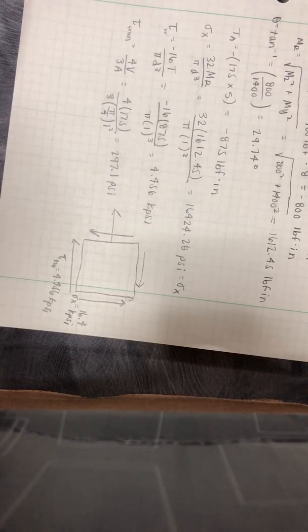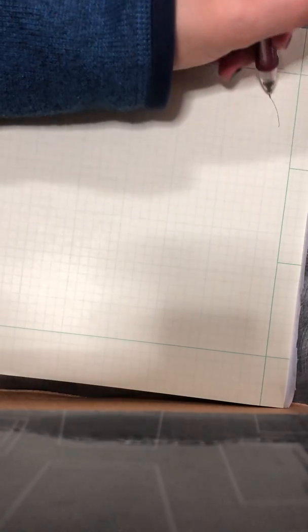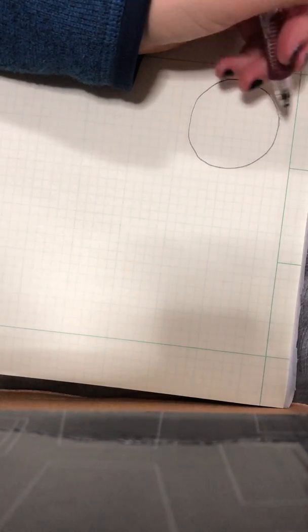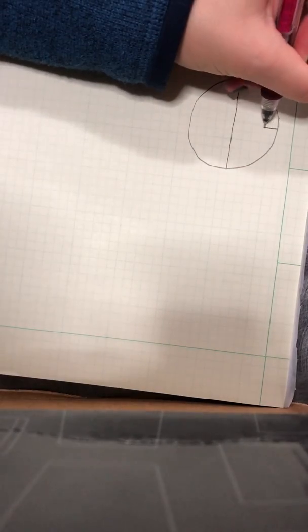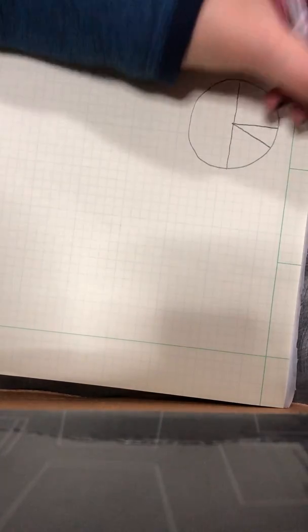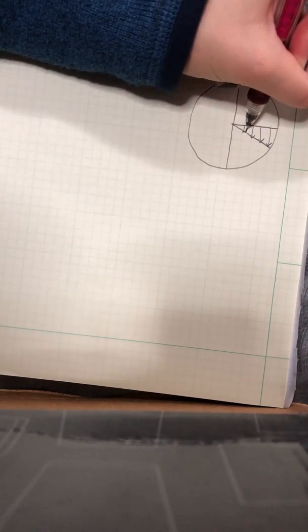And then I'll probably take this off. So now we're going to show how the torsional stress actually occurs on the cross section. So if we draw a circle here, wow, this is not a bad circle. Okay, and then we know it's going to kind of be up in this region here, and as our picture was showing, it would be pulling or having the force act like that.